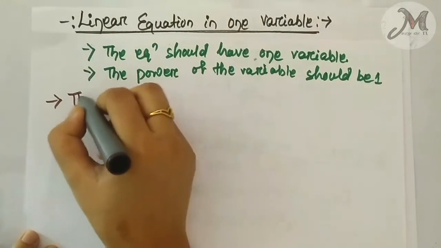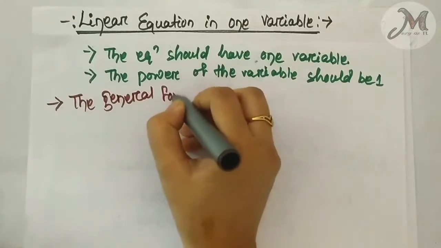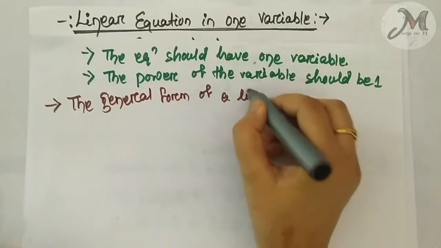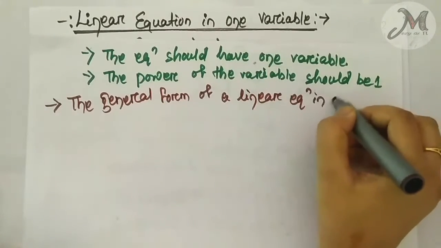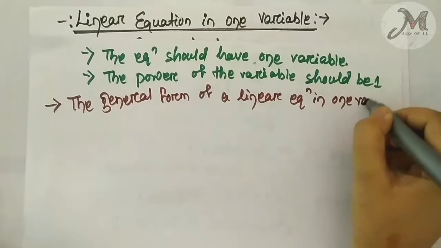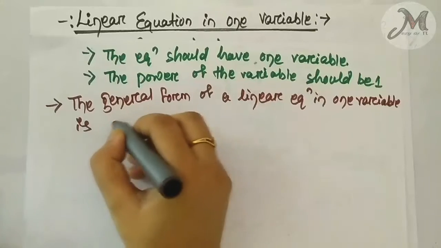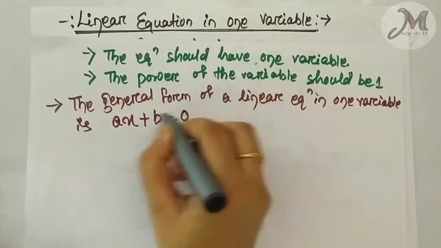The general form of a linear equation in one variable is ax plus b is equal to 0.